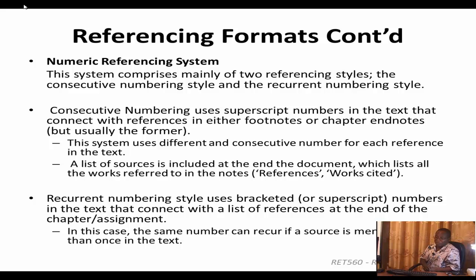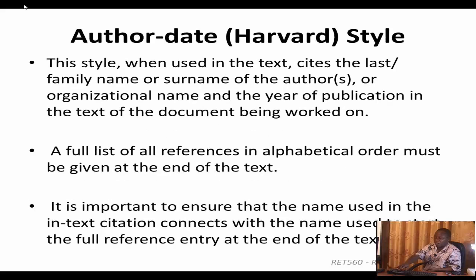In the consecutive numbering style, even if you refer to the same Brown and Jones, 1995, several times in the chapter or in the thesis, each time it would come with a different number in line with its consecutive position in the reference list. So, they are both numeric referencing systems, except that one is a consecutive numbering system and the other is a recurrent numbering, so the same number can appear several times in the course of the write-up.